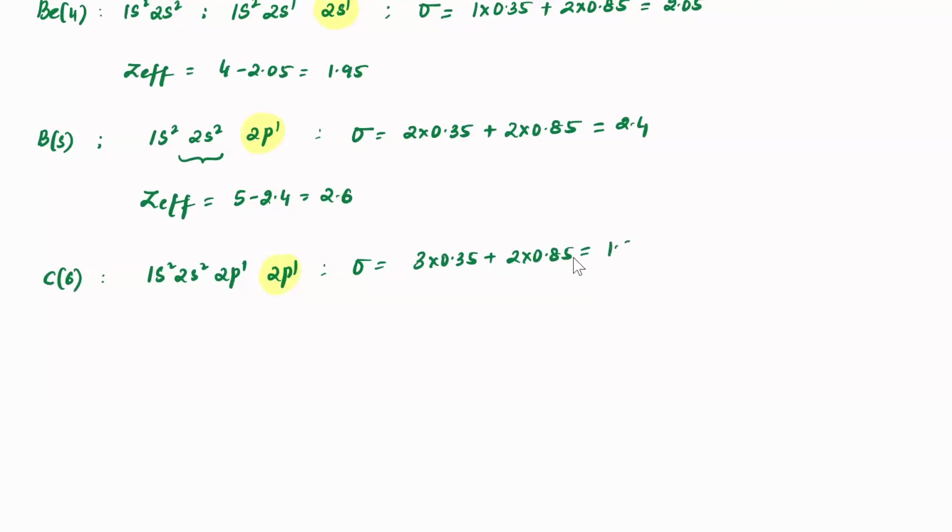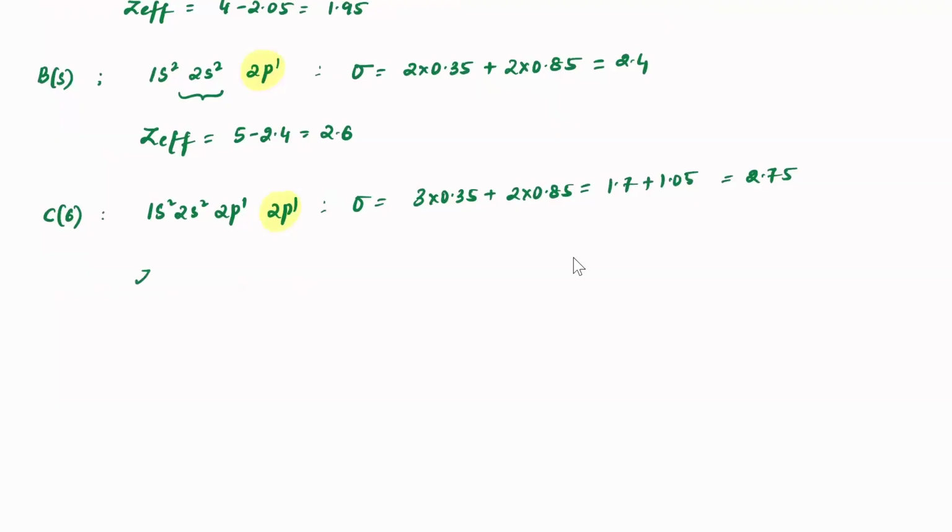So that is 1.05 plus 1.7. Clear? So that is coming out to be 2.75. So Z effective will be equal to 6 minus 2.75. How much are we getting here? 3.25 is what you are getting.